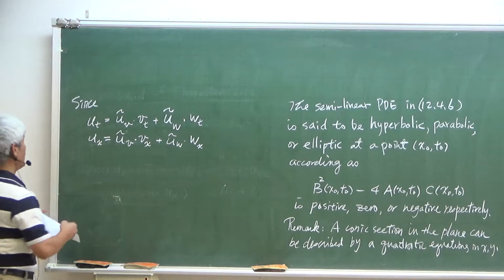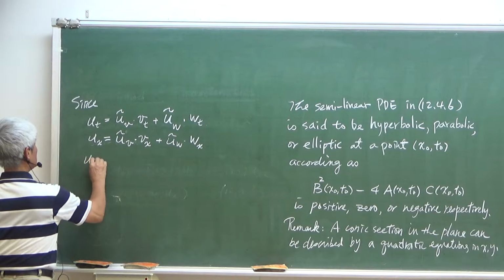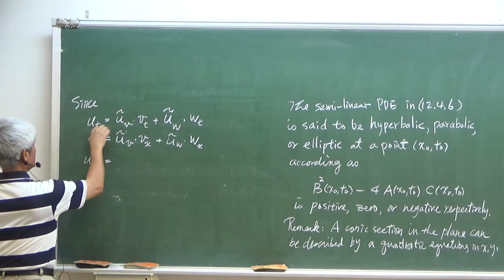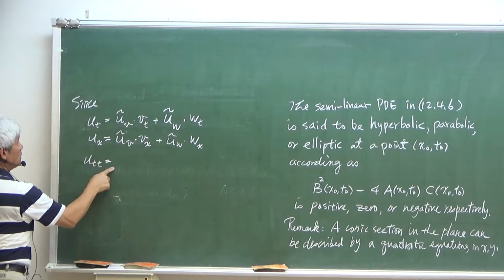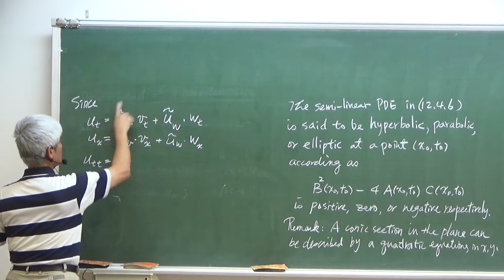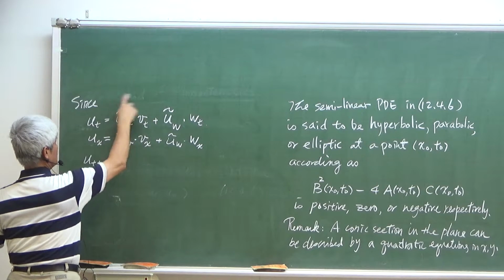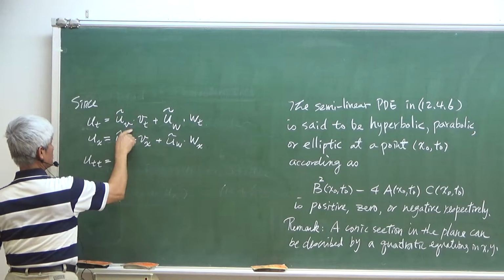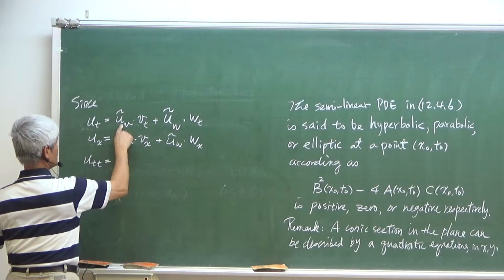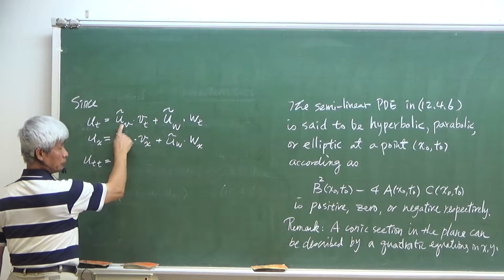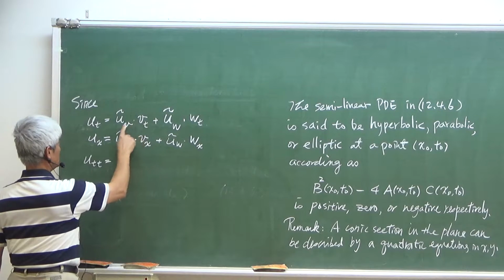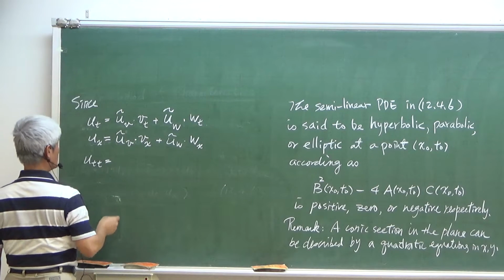Okay, so now u_tt. We take the partial derivative again with respect to t. So for u_tt, we have to take the partial derivative of this product with respect to t again. So we apply the product rule as well as the chain rule.